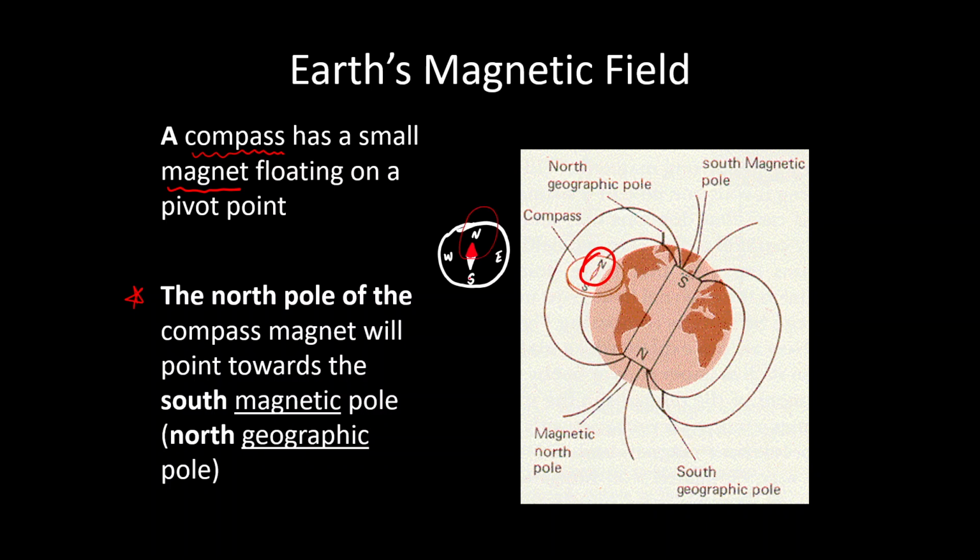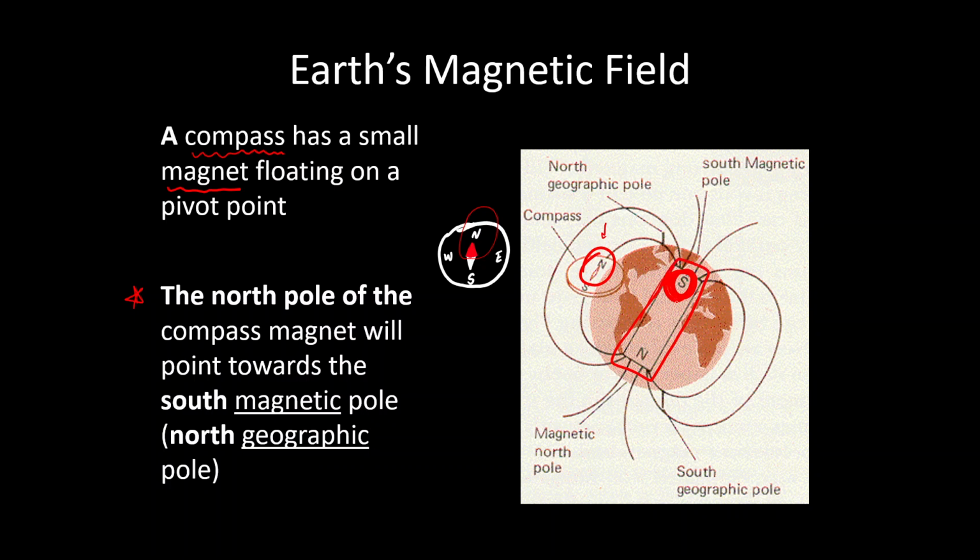The north pole is going to point to the south magnetic pole. So remember, opposites attract in terms of magnetic law. So north here will attract south of our Earth's magnetic field. Now the north and south are attracted, but you can see our south pole of our magnet is slightly tilted.